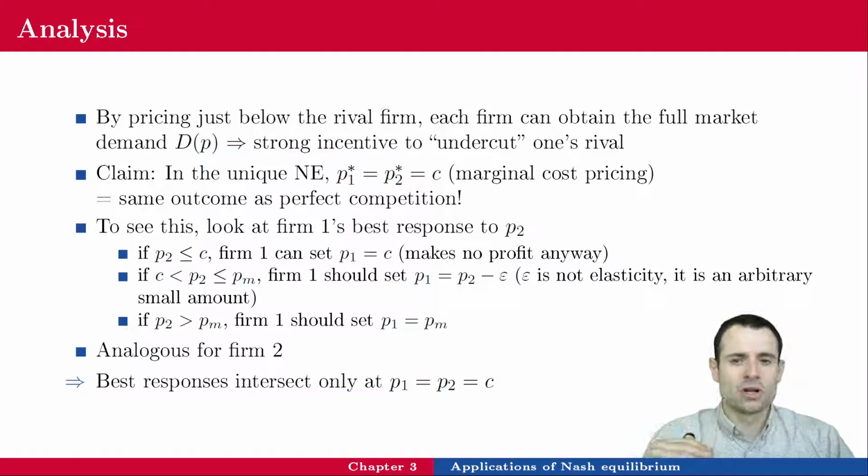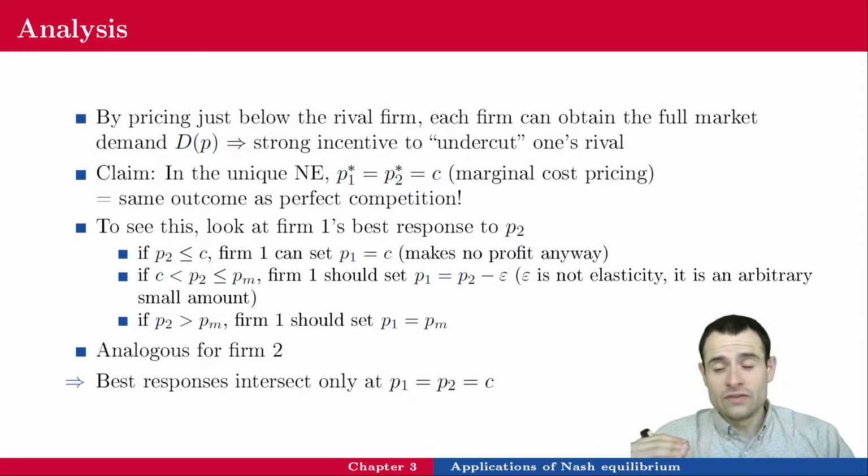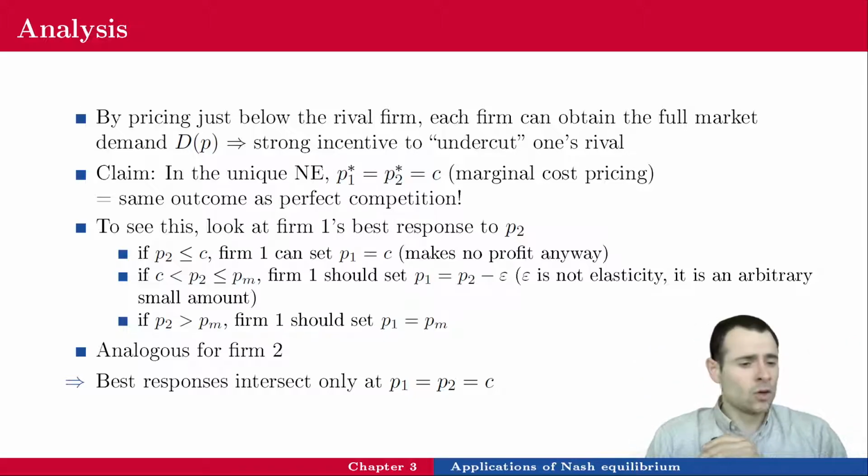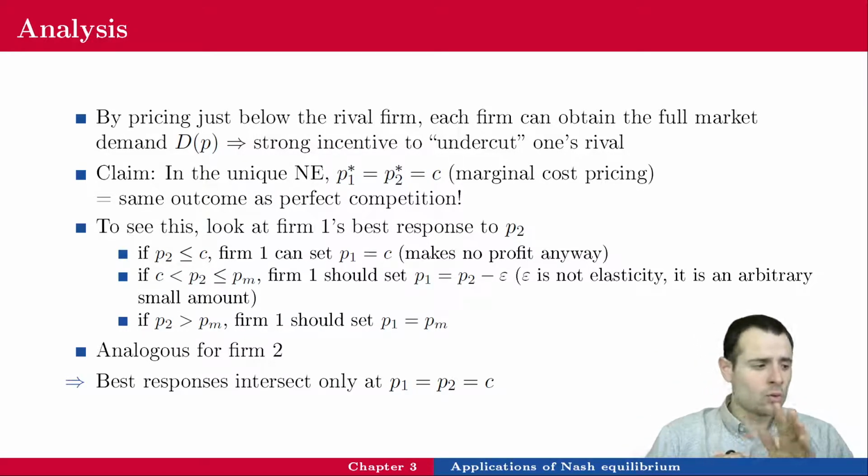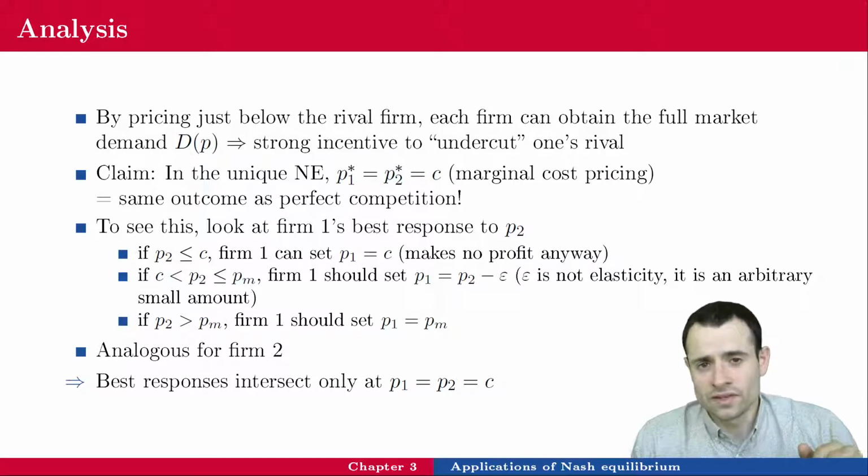Once they reach their marginal cost, they do not want to go lower. If they go lower, they will make a loss. So once they are at the marginal cost, they're like, I'm done. I don't want to go any lower. If I go lower, it's going to be negative. Right now, I might make at most zero profit.